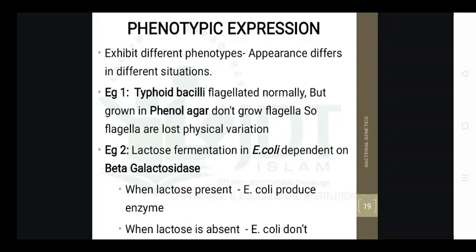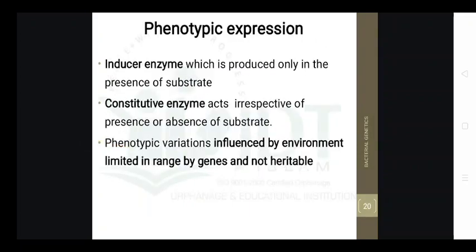So enzymes which are induced by the presence of a substrate are known as inducible enzymes, and the enzymes which are present irrespective of the presence or absence of the substrate are known as constitutive enzymes. This phenotypic variation can be influenced by the environment, is limited in range by genes, and is not heritable, so it will not transmit to the next generation.